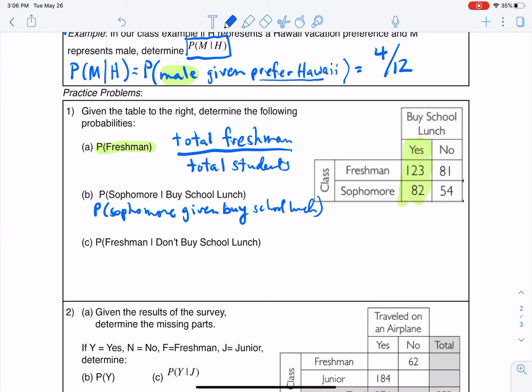So my total, or what goes on the bottom of my probability, is going to be what happens when I add these two things together. And then I'm only interested in the sophomores, so it's going to be 82 over whatever my total is. Okay, and then C, I'd like you to reason through on your own.